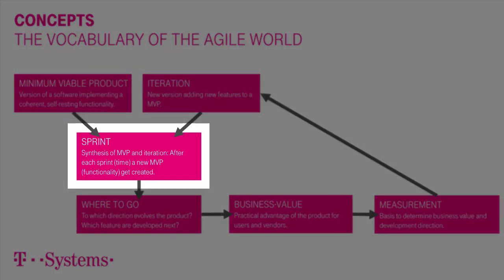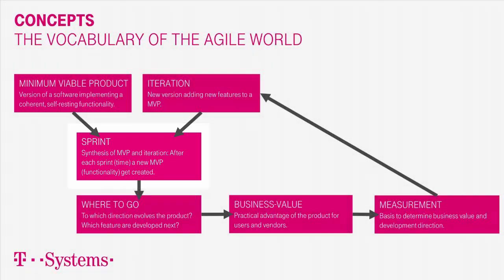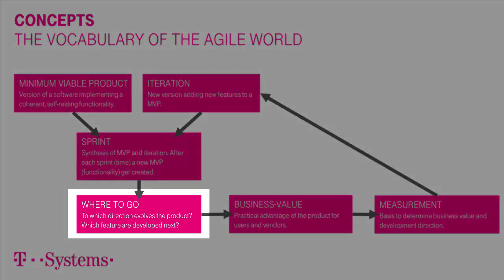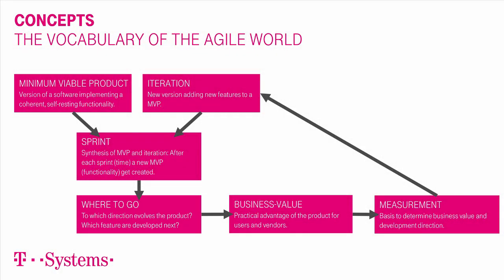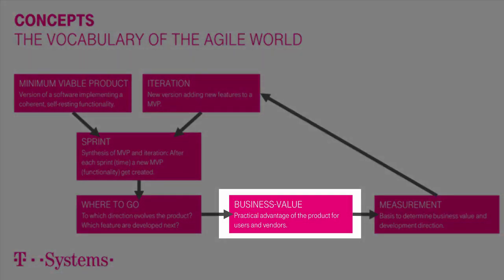The time frame, which is typically 1 or 2 weeks, is called a sprint. After each sprint, the team focuses on the next increment. But which one? Agility supports the team with the concept of the business value, the practical advantage for users and customers.